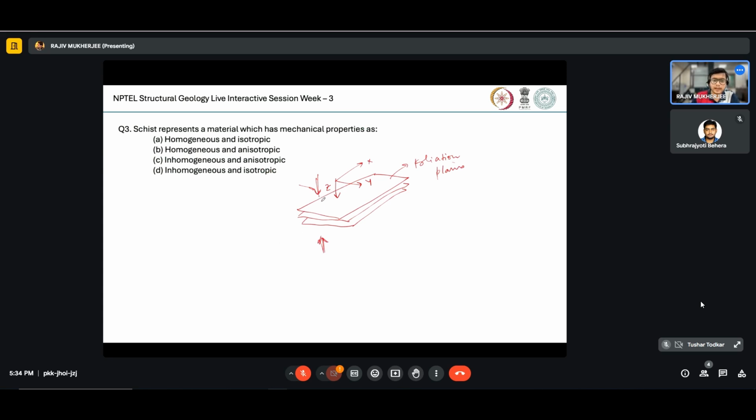Another property is that the foliation, or the schistosity, is a penetrative structure, and they are formed during a single phase of deformation.